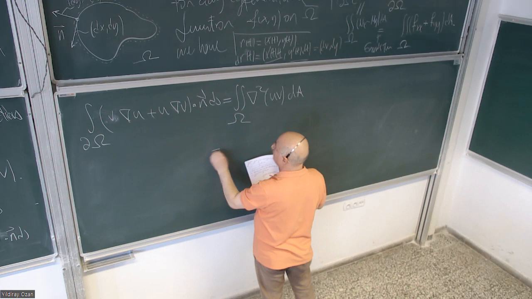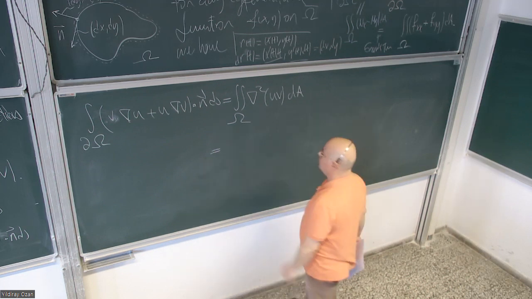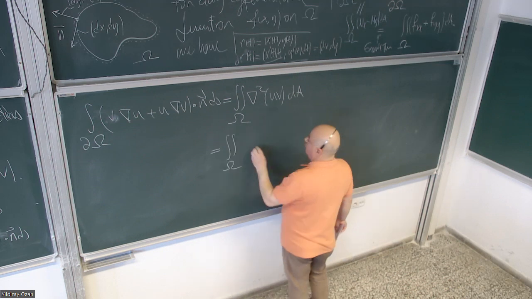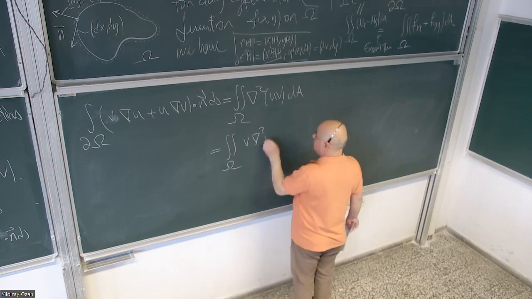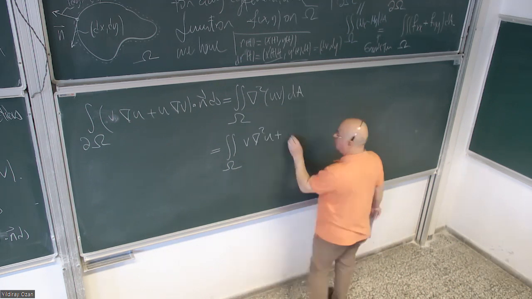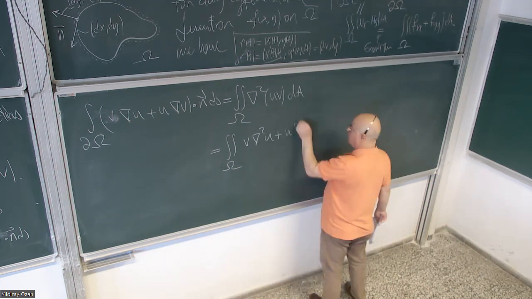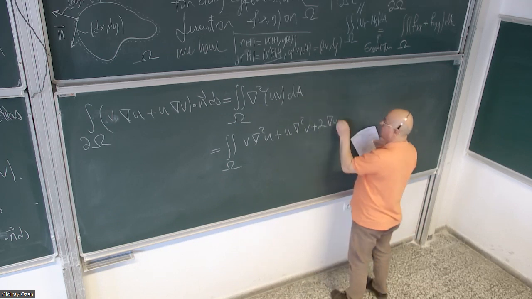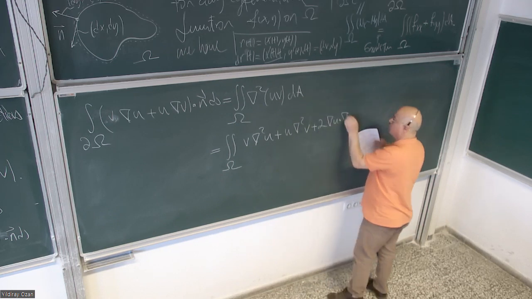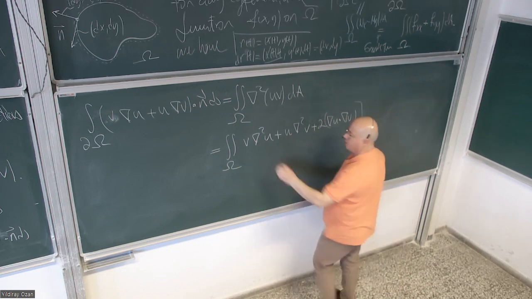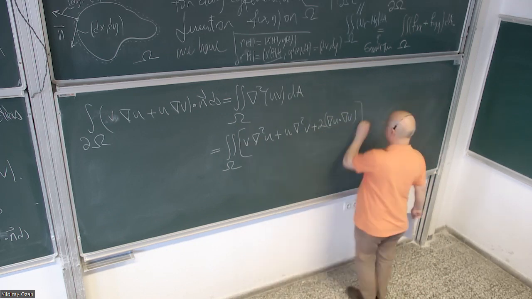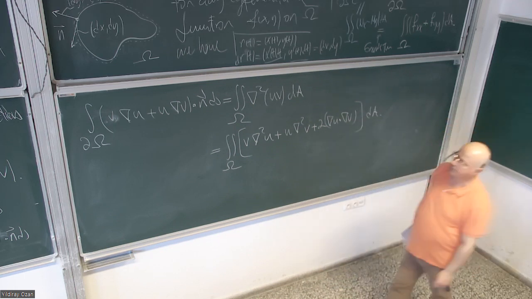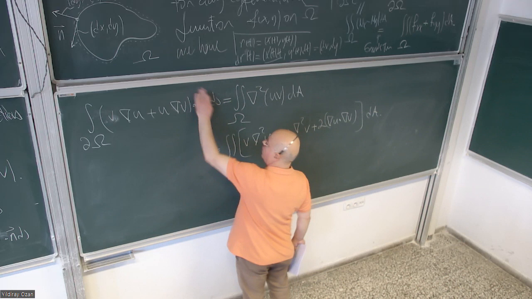This is equal to v times this plus u times this plus 2 times the inner product of this. The whole thing is just integrated with respect to A. So we get this formula.